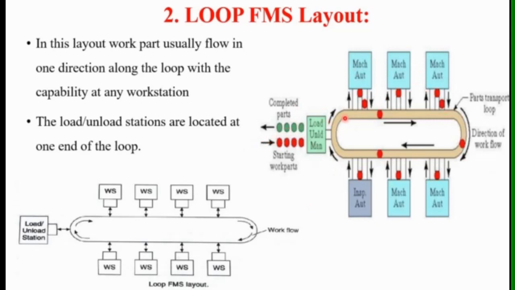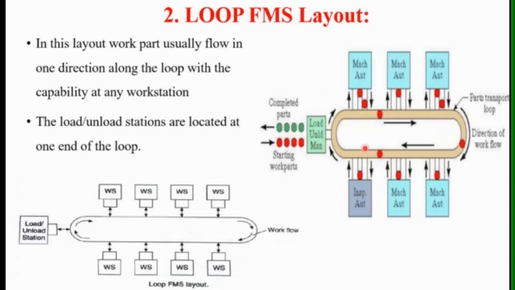In this type of layout, loading and unloading points are at the same station. So here we load this component. It will move to this machine, then it will move to this machine, and the finished product comes to this inspection station, and finally it goes to the unloading station. So loading and unloading is carried out here.